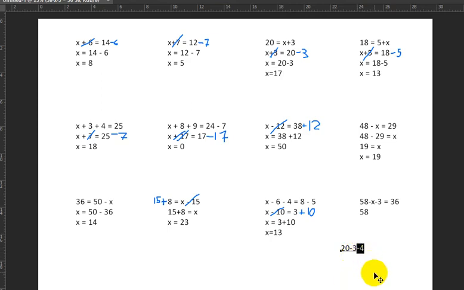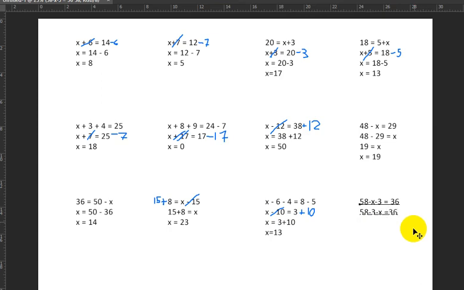Does it matter if you subtract the 3 first or the 4 first? No. So this 4 can, if we want it to, come in front of this 3. The same way, this could become 58 minus 3 minus x equals 36.